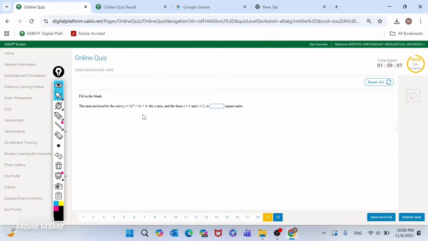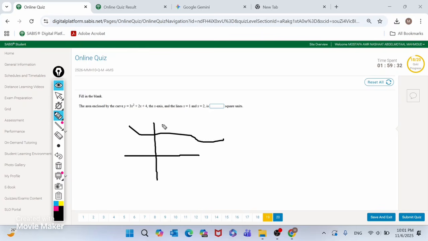The area enclosed by the curve y equals x squared plus 2x plus 4, the x-axis and the lines x equals 1, x equals 2. Okay, guys, let's also draw the curve. I actually don't know what this curve looks like, so just draw any curve, it doesn't matter.